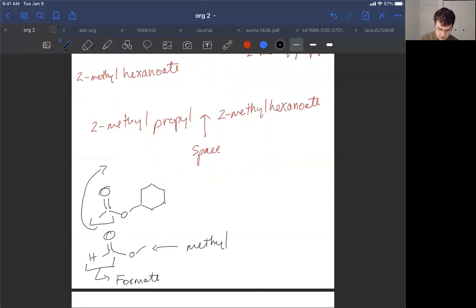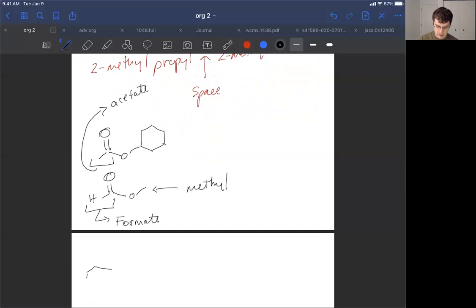This one with a CH3 is an acetate because it's acetic acid derived. And this is a benzoate. So there are our common names from earlier. We have acetate, formate, and benzoate we should be aware of.